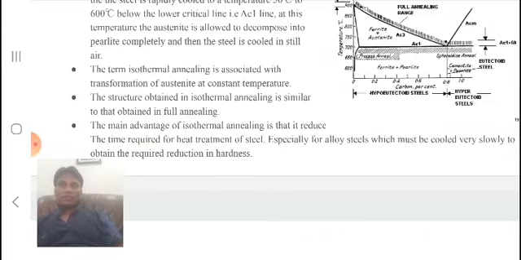In isothermal transformation, let me take you to that slide for better understanding.